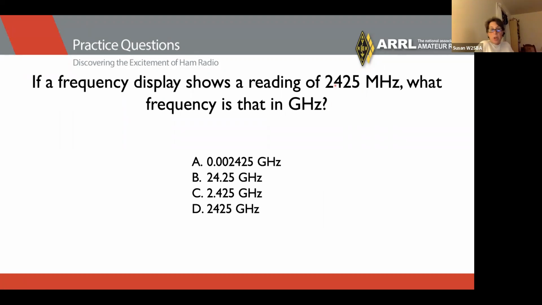Start there. Giga's bigger. Right, so you're gonna want a number that's bigger than 2,000. You have to move it over 3. So it's going to be 2.425 gigahertz. Yes. So the right answer is C.